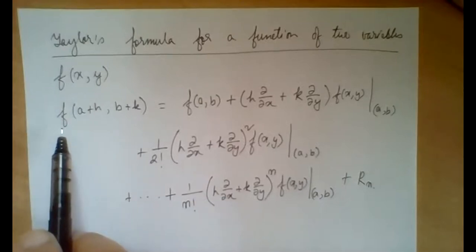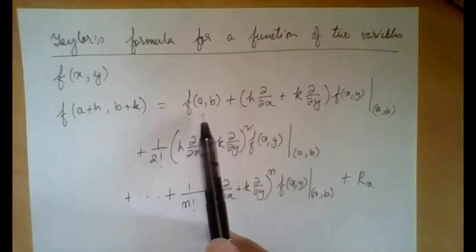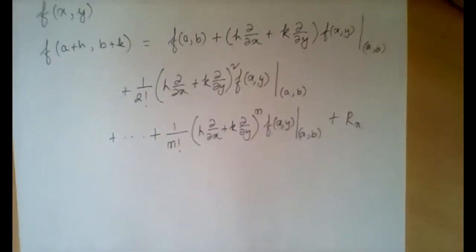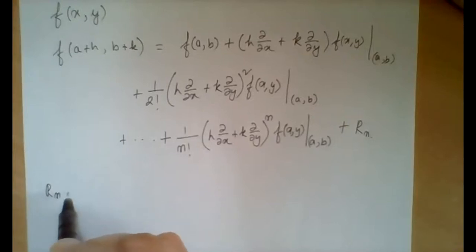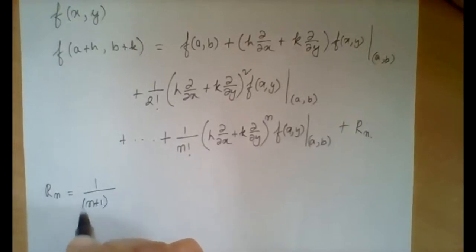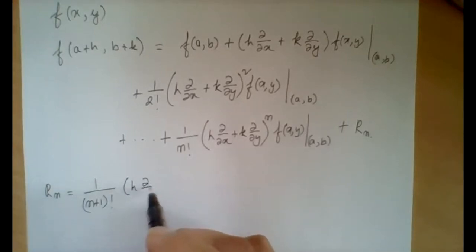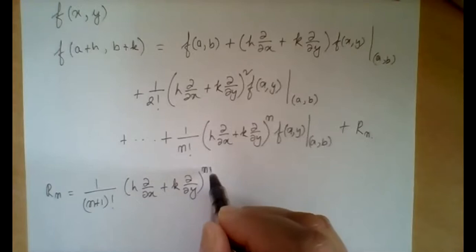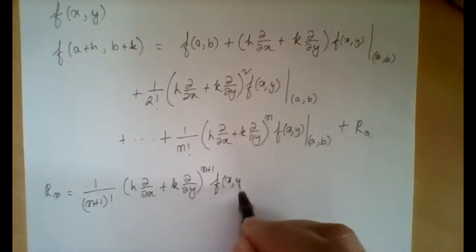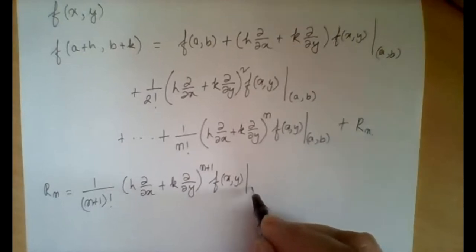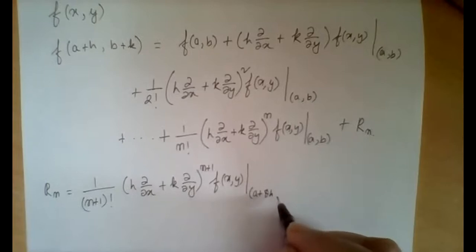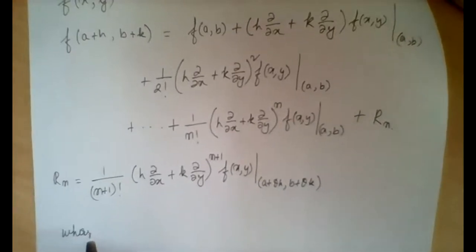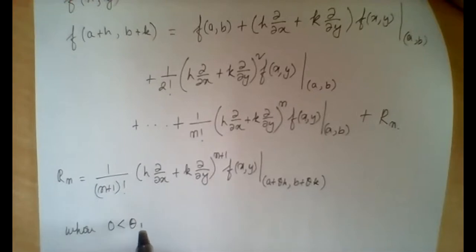If I want to expand this function f about the point (a, b), this is the formula, where the remainder Rn is given by Rn equal to 1/(n+1)! (h ∂/∂x + k ∂/∂y)^(n+1) operating on f(x, y) and then calculated at the point (a + θh, b + θk), where θ lies between 0 and 1.